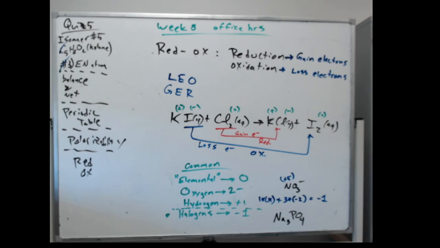One of the big things I've been trying to emphasize all quarter, since we first started learning how to name things, and even before then, is that we have to be able to identify whether it's a covalent compound or an ionic compound, because those behave in different ways, get named in different ways, and are treated differently.